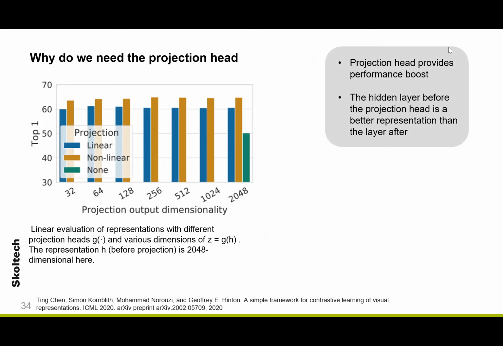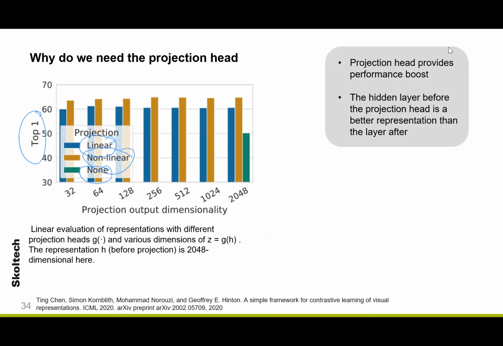Let's consider three scenarios. The scenario where we don't have a projection head, train some representations, and use them as they are to solve some downstream problem. As far as I can remember, it's top-one ImageNet accuracy, but I can be mistaken. And we have two types of projection heads, linear and nonlinear. We change the dimension of Z, the projection head output, and compare all three approaches.